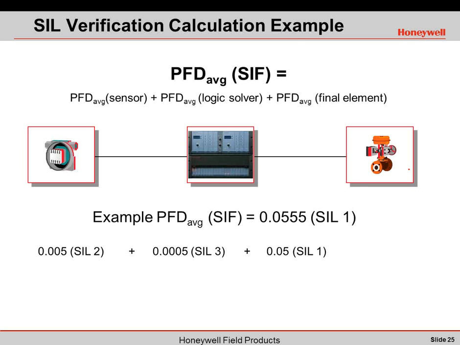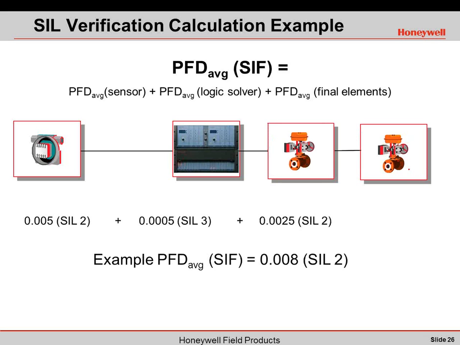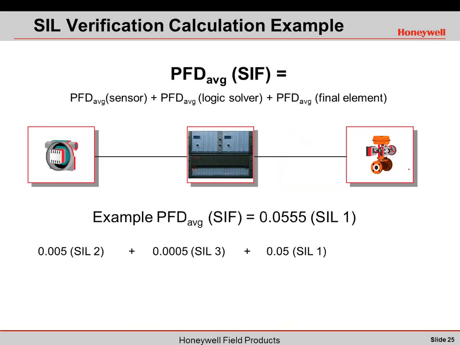So if we look at another example, we'll see that we have another sensor and a logic solver, and this time we've put two valves in series, two valves that have the 0.05 rating, like we see on this slide. We have a SIL 1 valve.